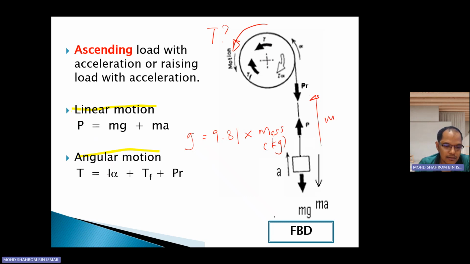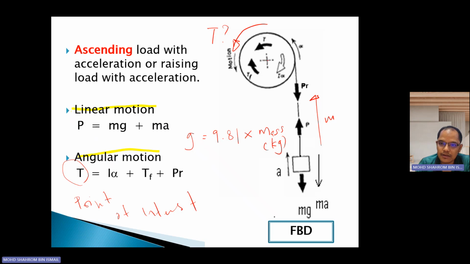So this is the point of interest lah. In order to get to the point of interest, basically torsion is an equation that requires you to multiply the I, which is second moment of inertia. I going to multiply with this one, alpha. Alpha basically is the angle.